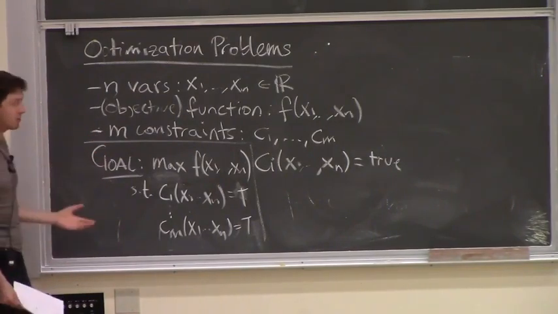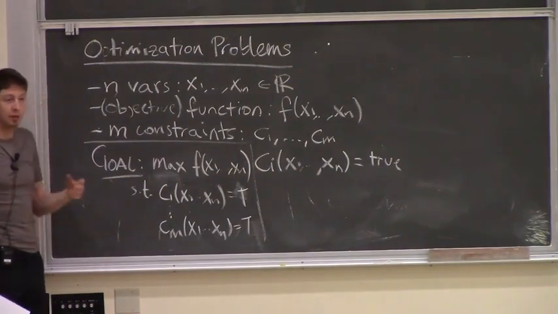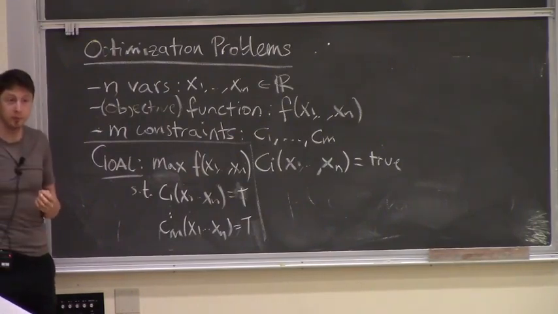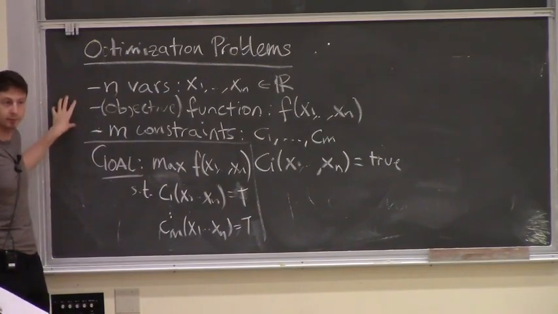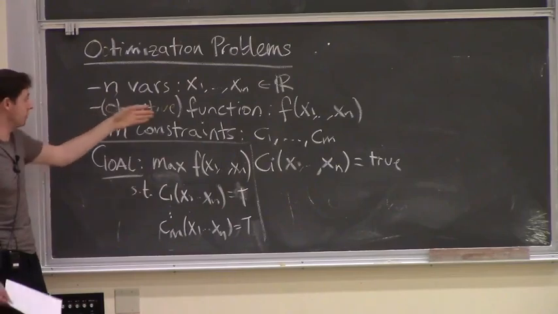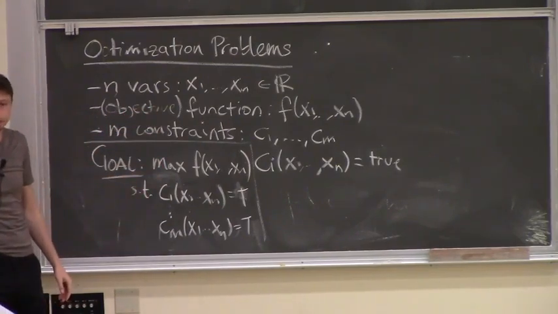So what's special today? What are we going to say that is new? We're going to focus on a particularly interesting subclass of optimization problems called linear programs. Before I get there, is this clear? So, some number of variables, some number of constraints, a function that we care about, and subject to the constraints, we want to maximize the function.